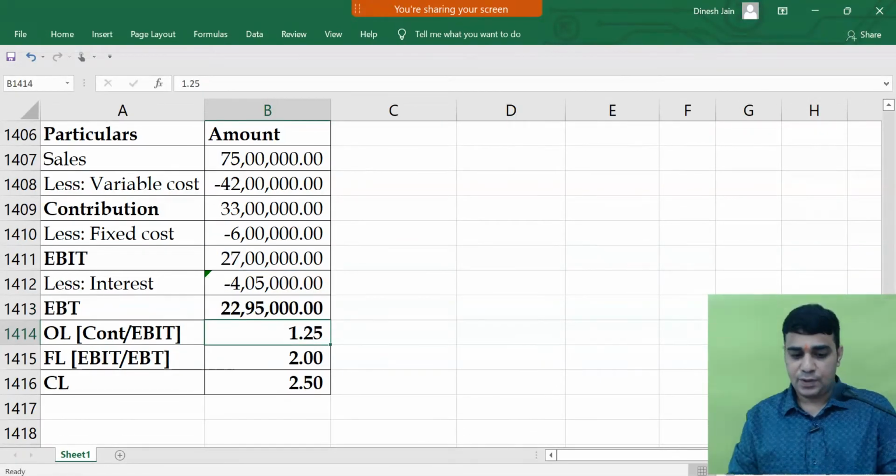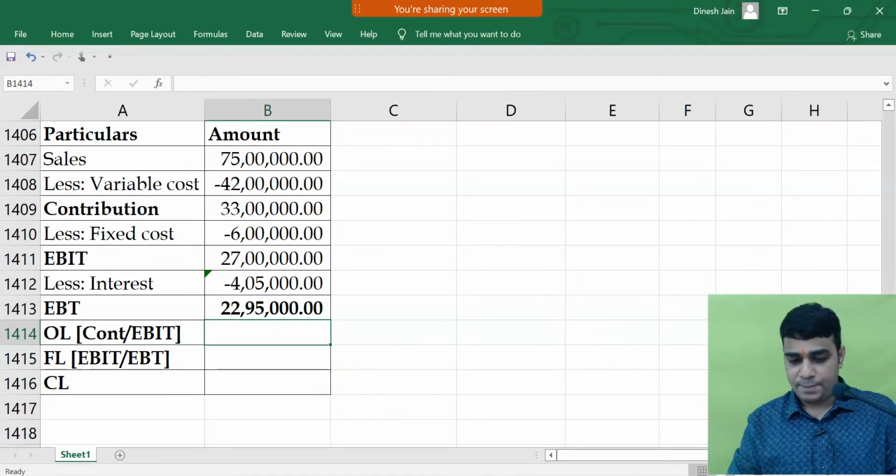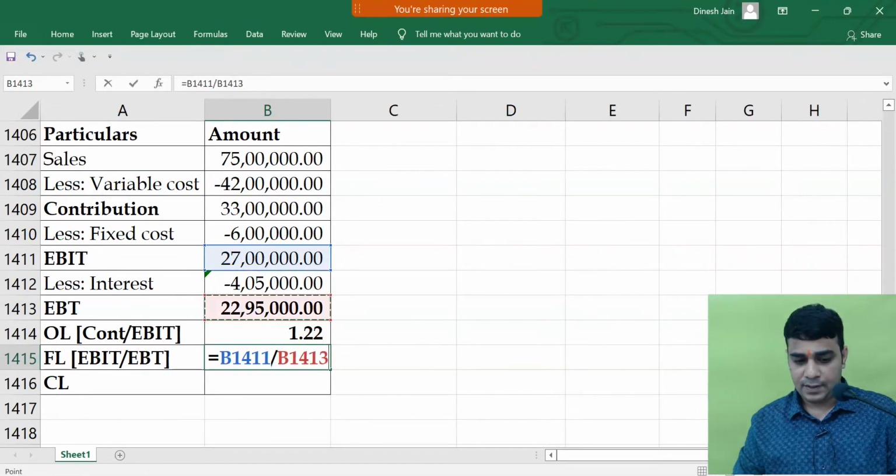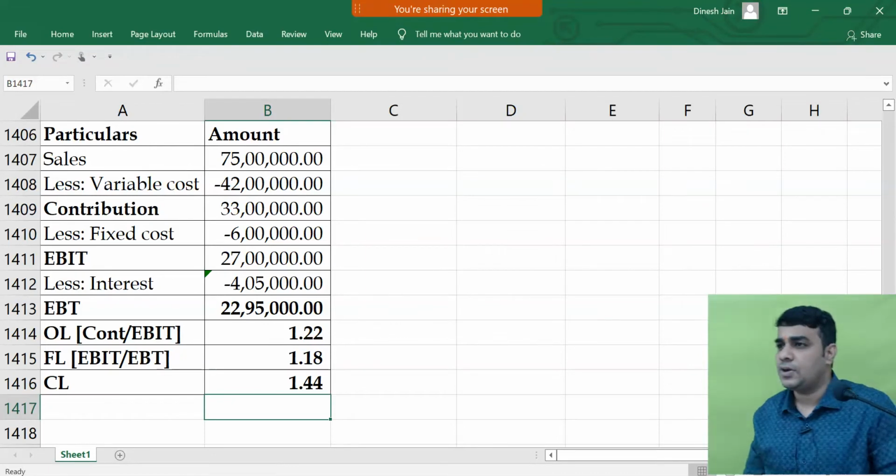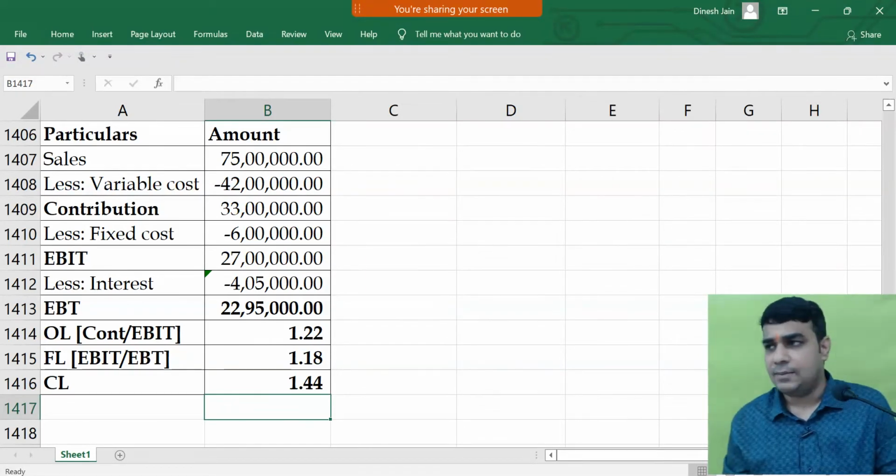EBT is 22,95,000. My operating leverage is contribution by EBIT, 1.22 times. Financial leverage is EBIT by EBT, and combined leverage is contribution by EBT. I am not discussing much on the leverage part. These are formalities. Nothing much is there.